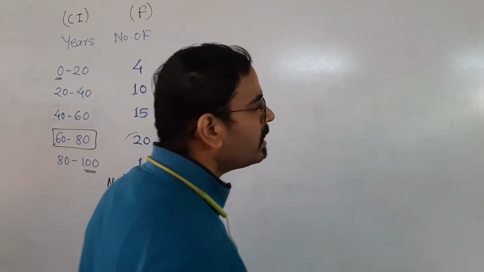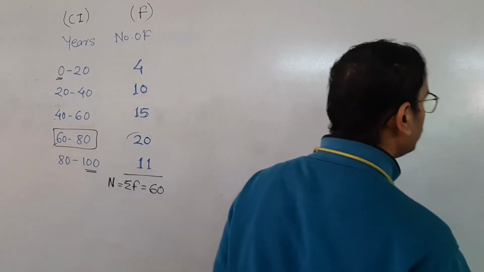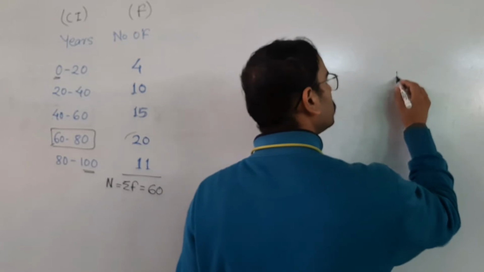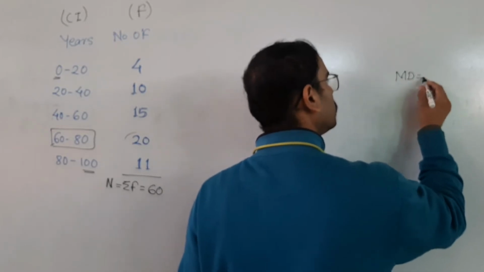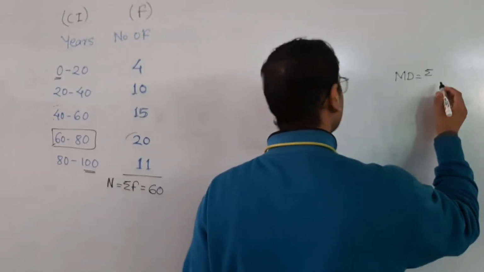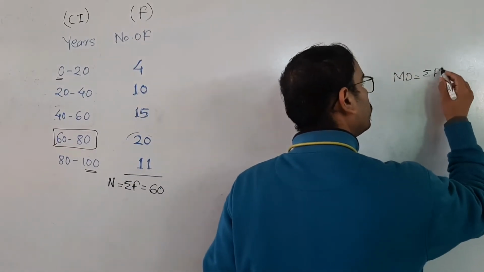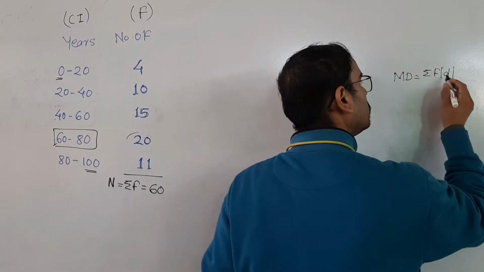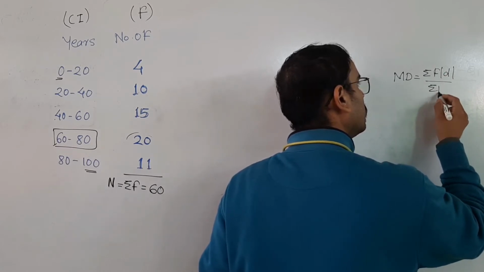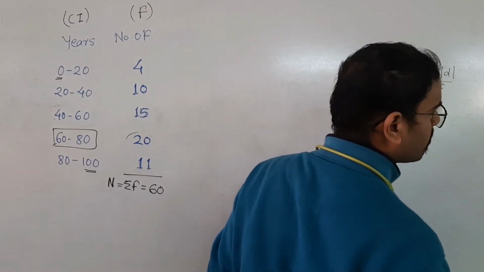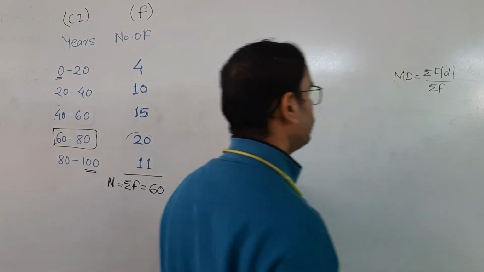What is the formula of mean deviation? The mean deviation formula is very simple. When there is a frequency, the formula is summation FD upon summation F.